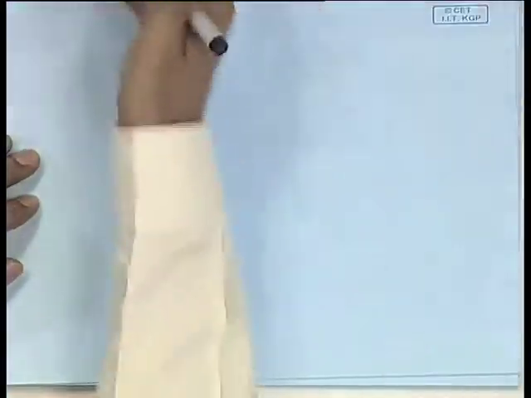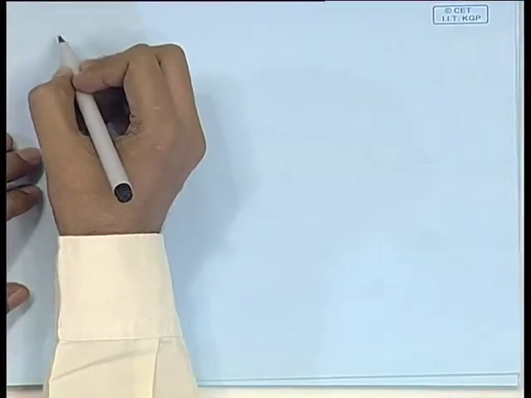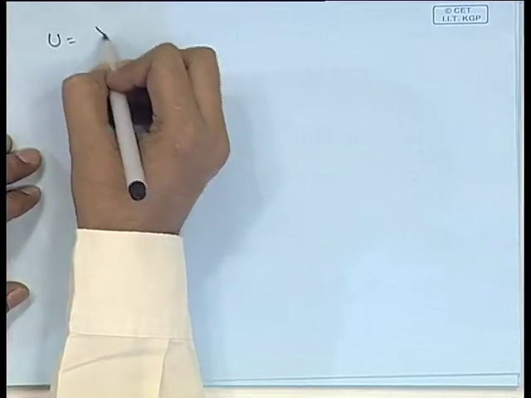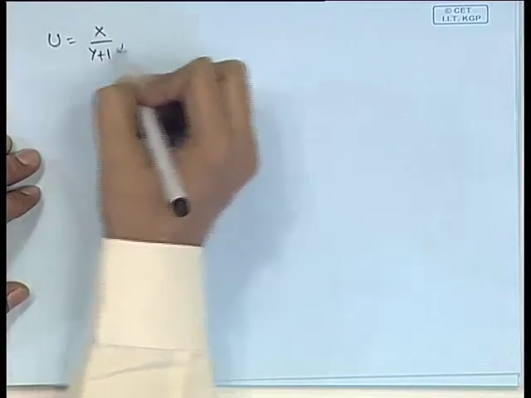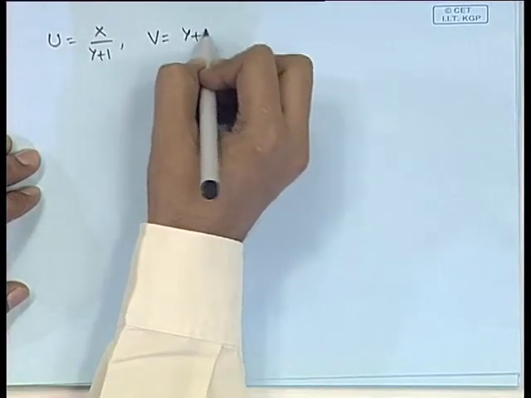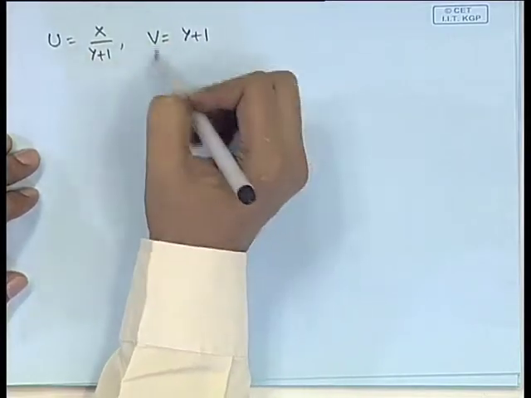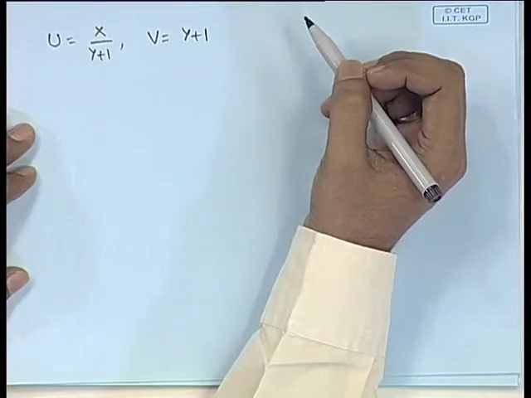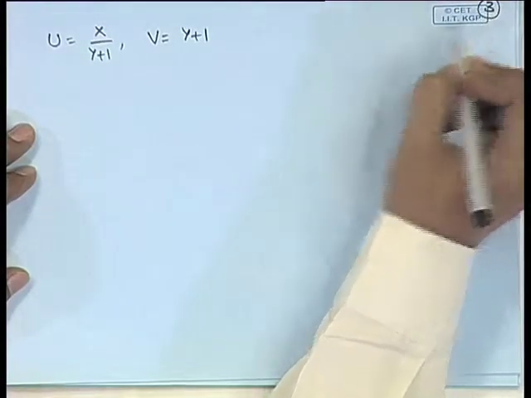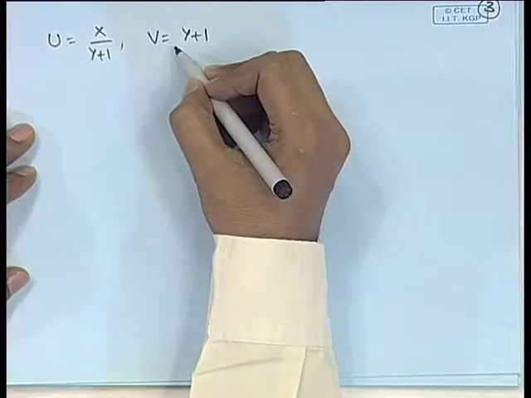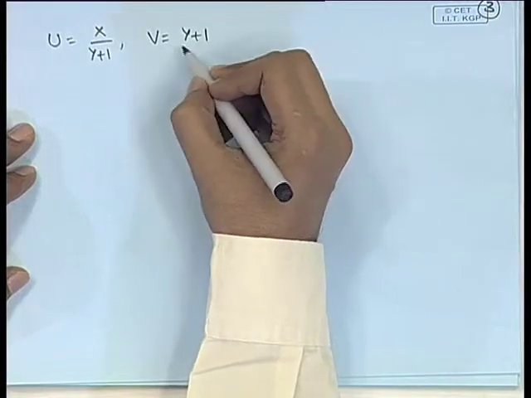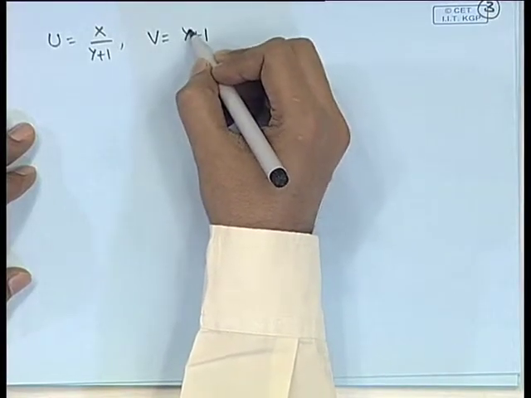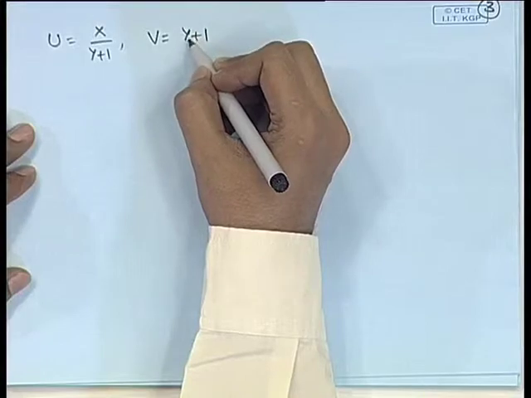Let us take another case here. Suppose I define, say, U = X/(Y+1) and V = Y+1. I want the joint distribution of U and V here, where X and Y follow independent binomials. So, here you look at the set of values. Since Y is binomial(n, p), Y takes values 0, 1 to n.